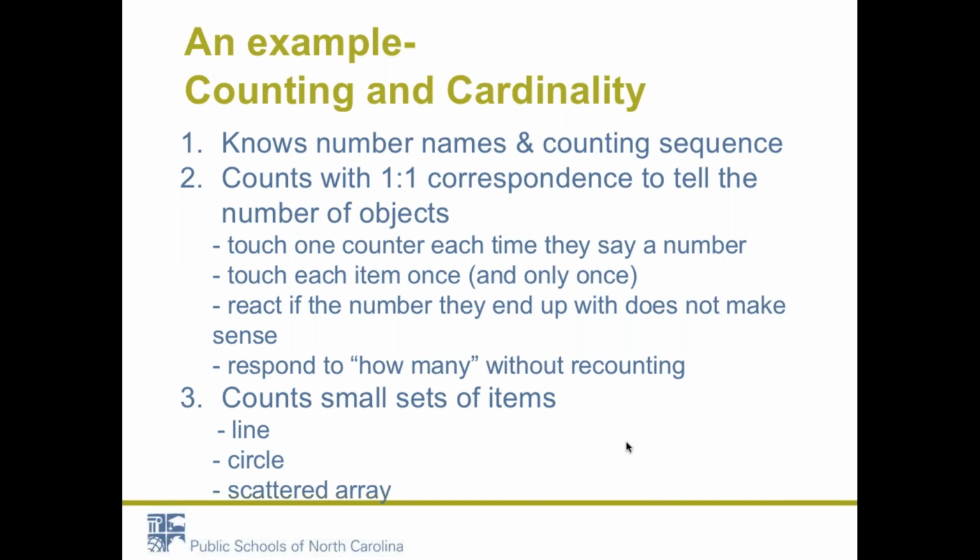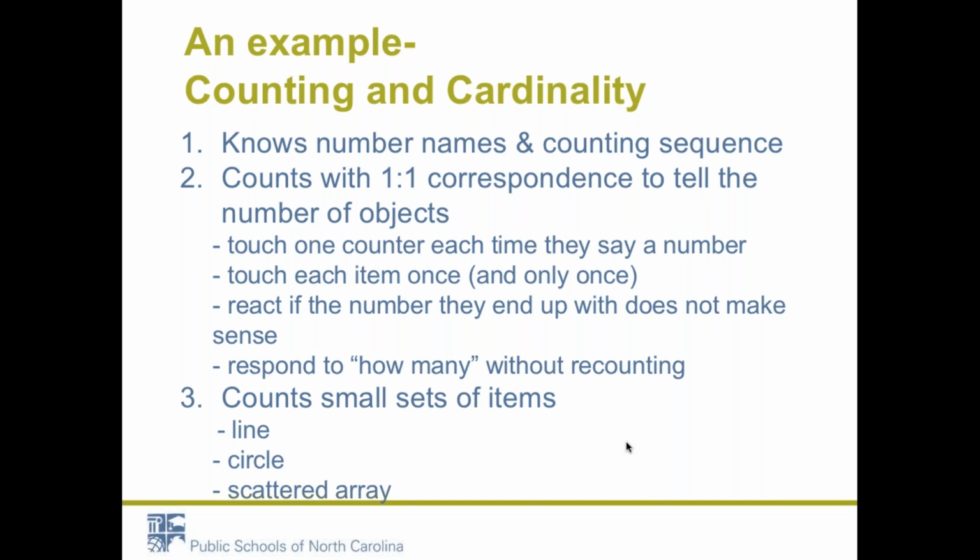So let's take a look at an example of a developmental progression around counting and cardinality and how we might sample skills in this progression to identify where a student has acquired those skills and where there might be some gaps in understanding. So at our first level, we would determine, does the student know number names and the counting sequence?